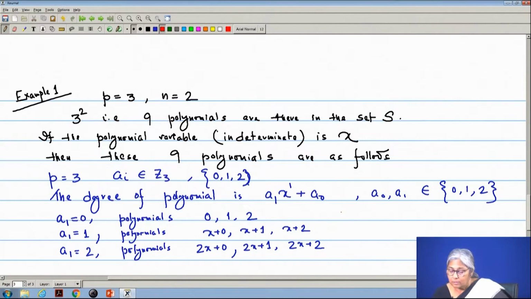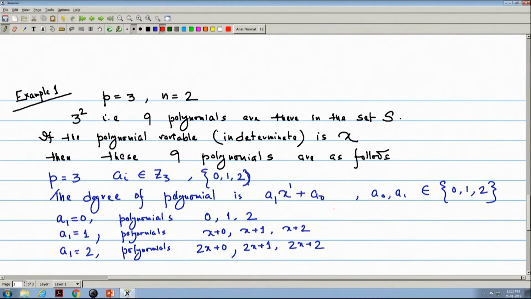So, these 3 square, because p to the power n.